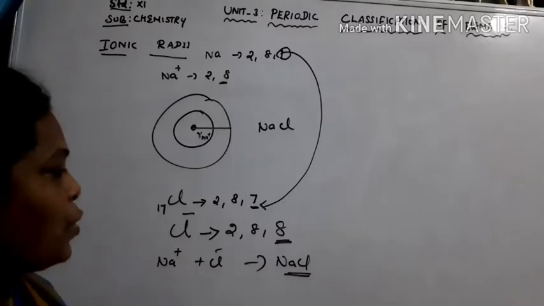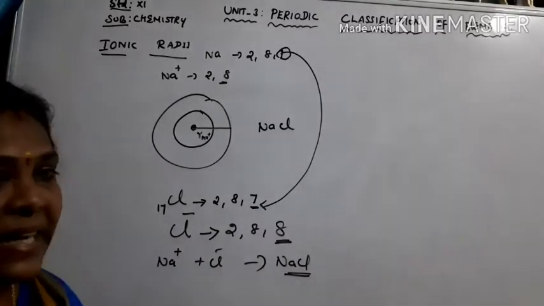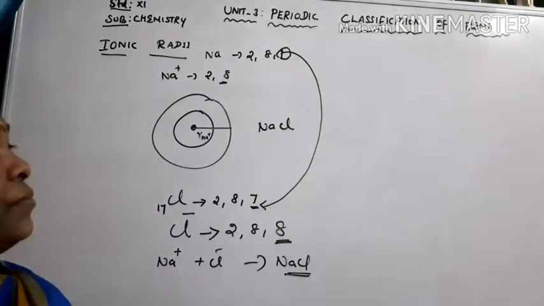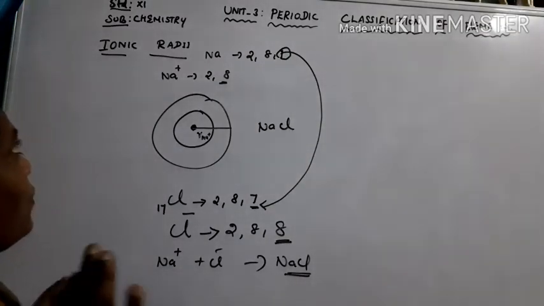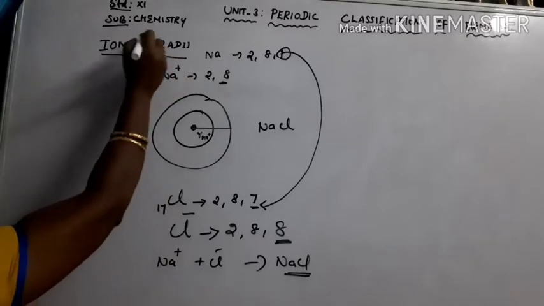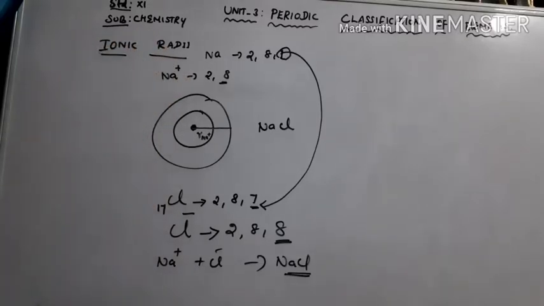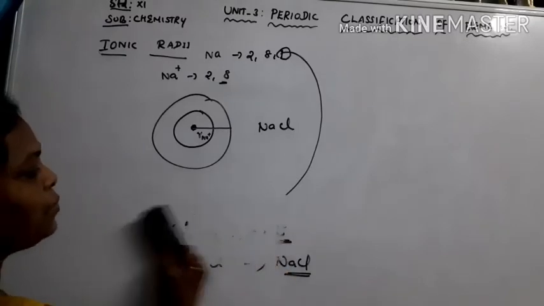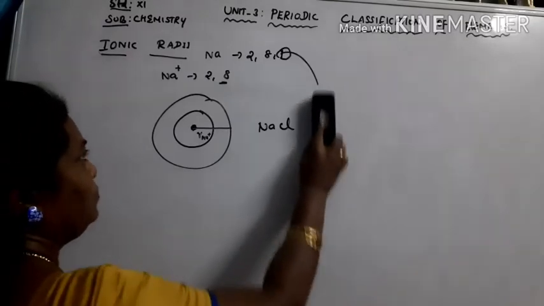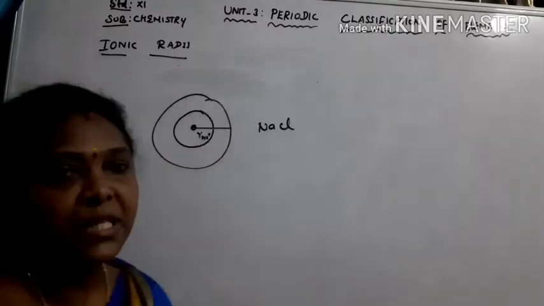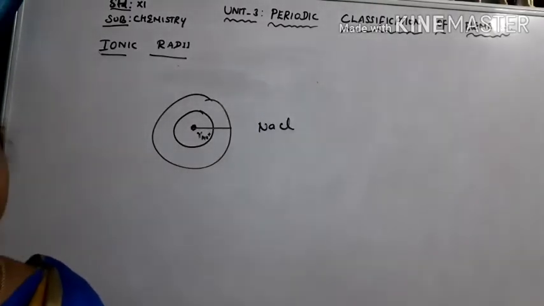The transfer of electrons from one atom to another is called an ionic bond, giving ionic crystals or molecules. So ionic means made up of ions, and these ions are formed by transfer of electrons from one atom to another. With the help of Pauling's method, today we are going to calculate the ionic radius.